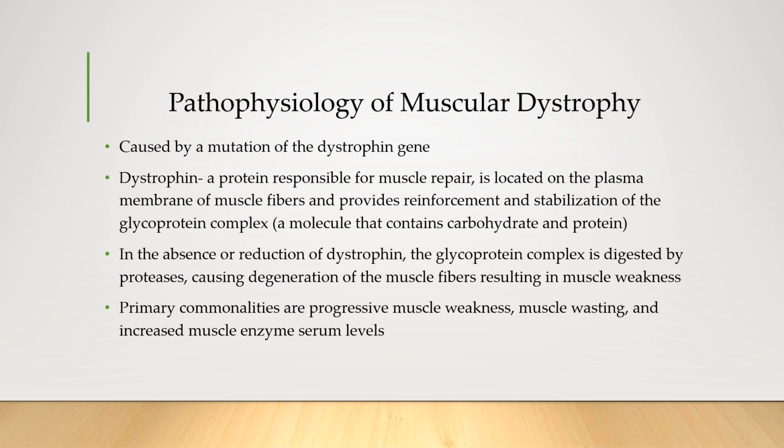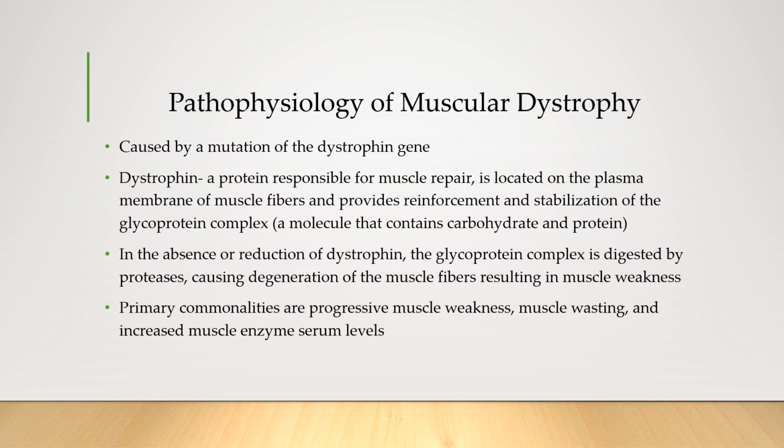Pathophysiology of muscular dystrophy. It is caused by a mutation of the dystrophin gene. Dystrophin is a protein that is responsible for muscle repair. It is located on the plasma membrane of muscle fibers, and it will provide reinforcement and stabilization of the glycoprotein complex.